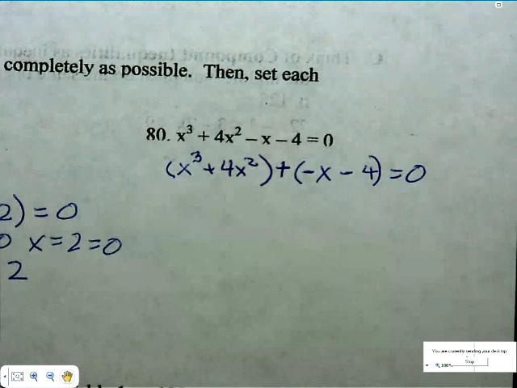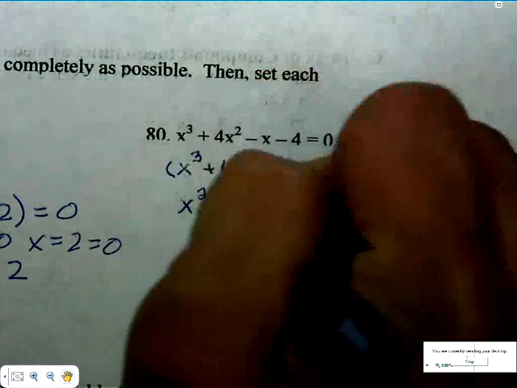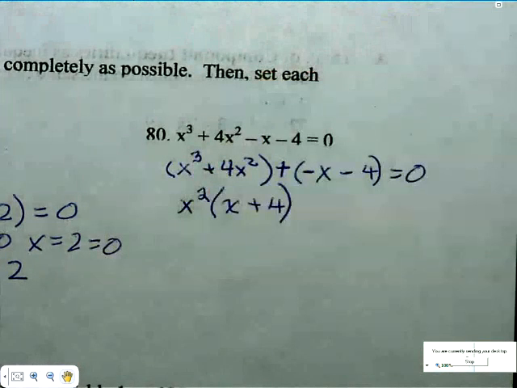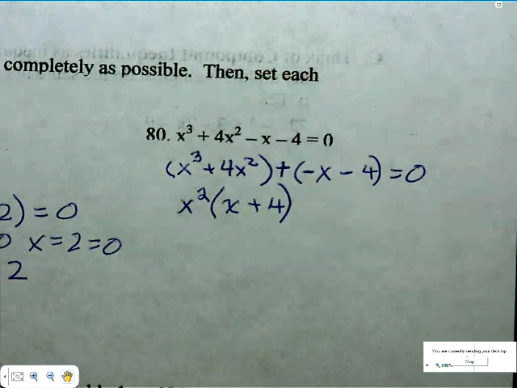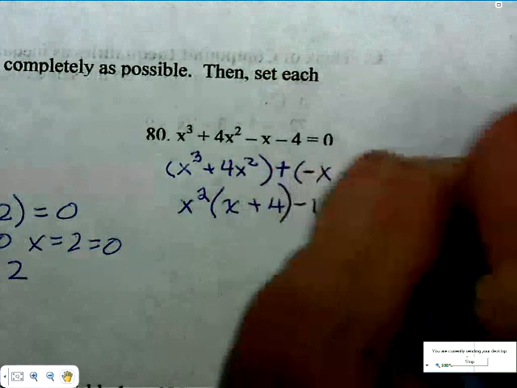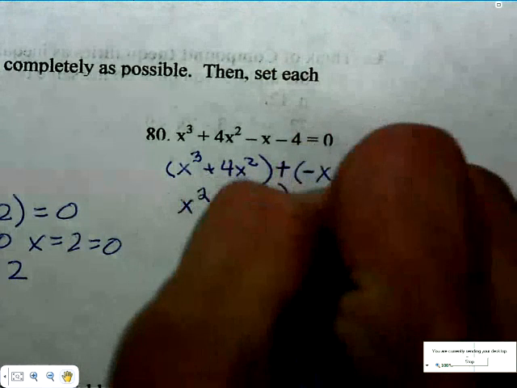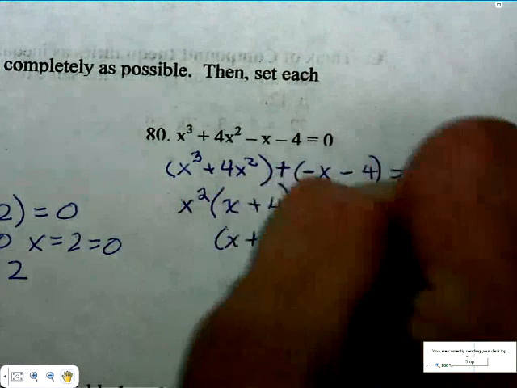What can you factor out of the first group? An x squared, and that will leave you an x plus 4. What would you have to factor out of the second group in order to also be left with an x plus 4? So your GCF is x plus 4. Your leftovers are x squared minus 1.